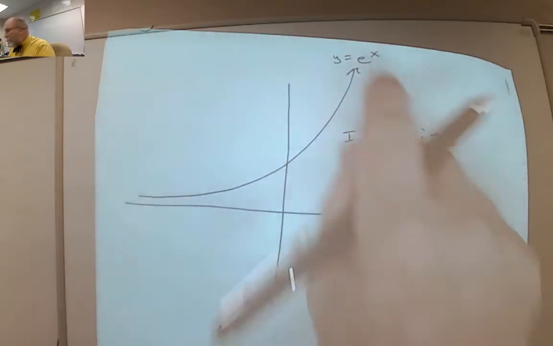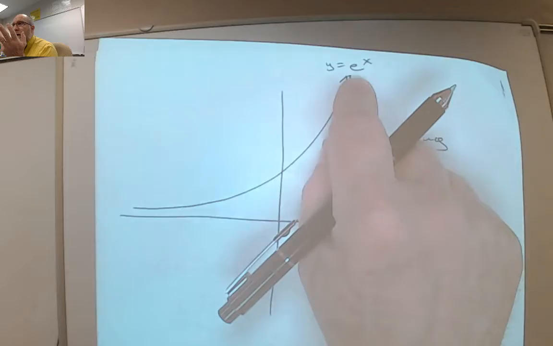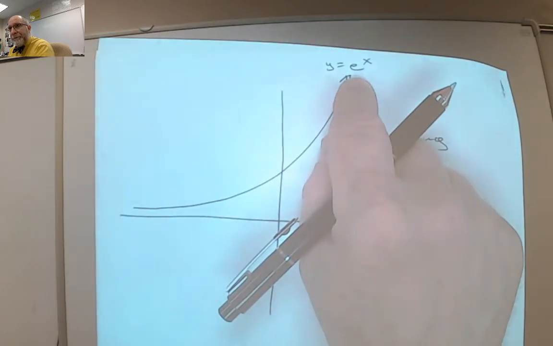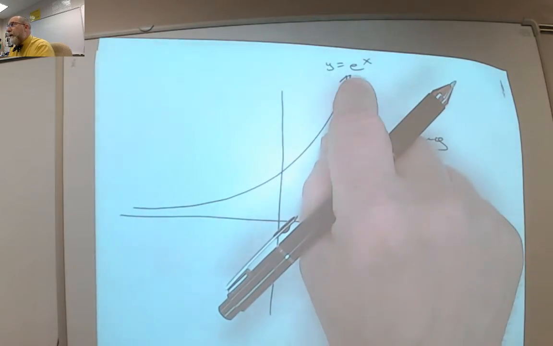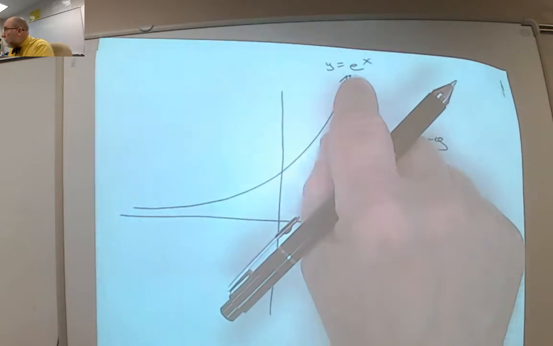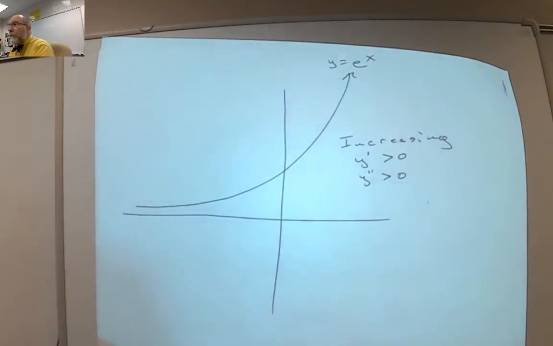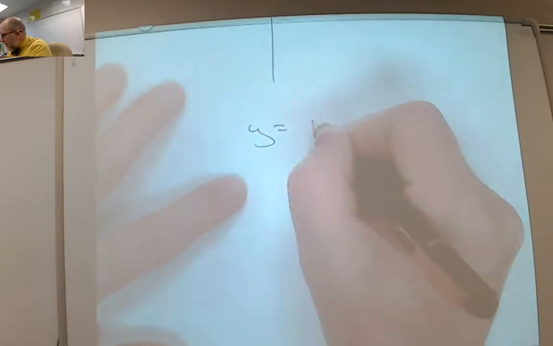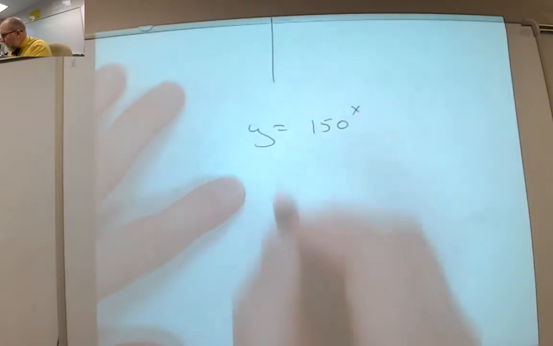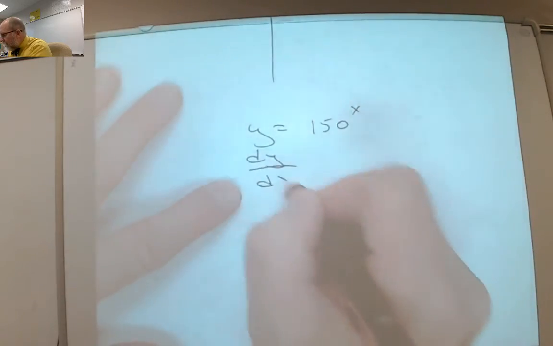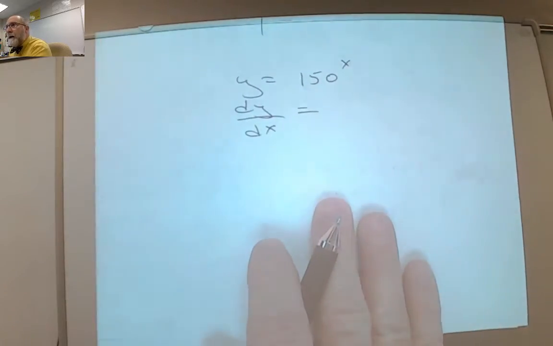Now, if you forget, by the way, we just went through 3 sections. One is, how do you take the derivative of e to the x? The next one is, how do you take the derivative of 2 to the x? Anybody have an idea? 150 to the x power. Anybody have a guess of what the derivative of that is, just by looking at it?